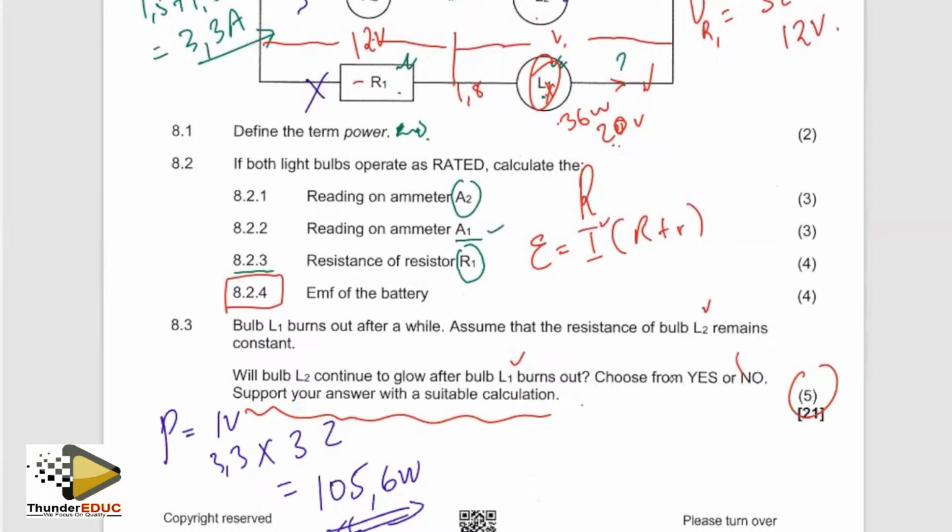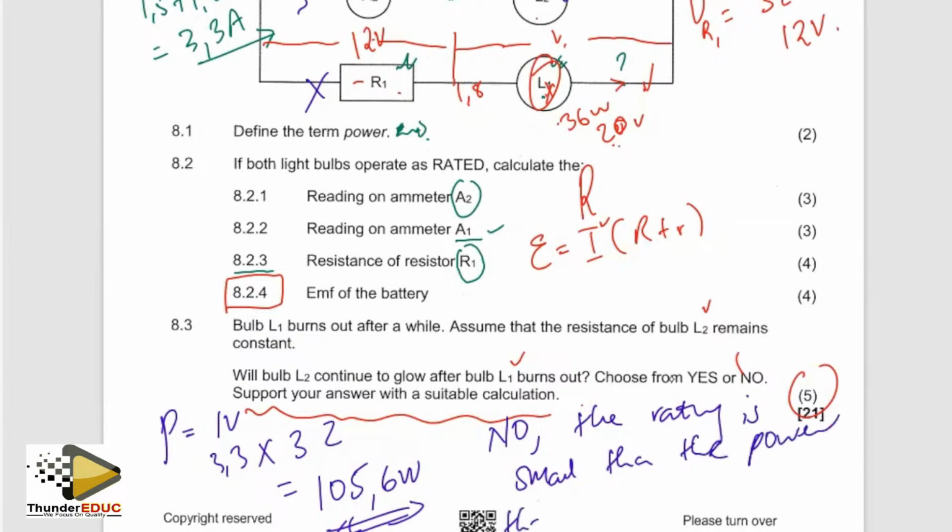To be honest, the answer is going to be a no. The reason is that the rating is smaller than the power that will be generated. So we don't need all these paragraphs of explanation. So it's a no.